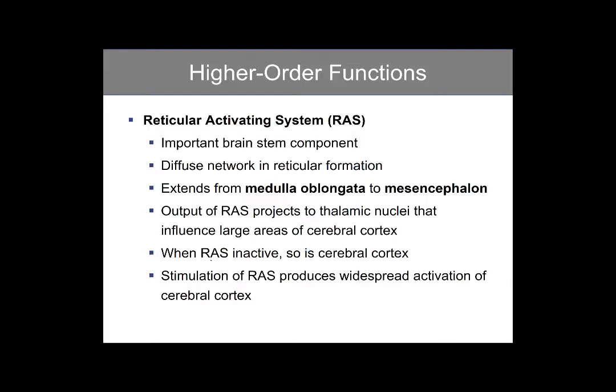There's a diffuse network in the reticular formation extending from the medulla oblongata into the mesencephalon, and the output of the RAS projects into thalamic nuclei that influence large areas of cerebral cortex. When the RAS is inactive, so is the cerebral cortex. Stimulation of the RAS produces widespread activation of the cerebral cortex.